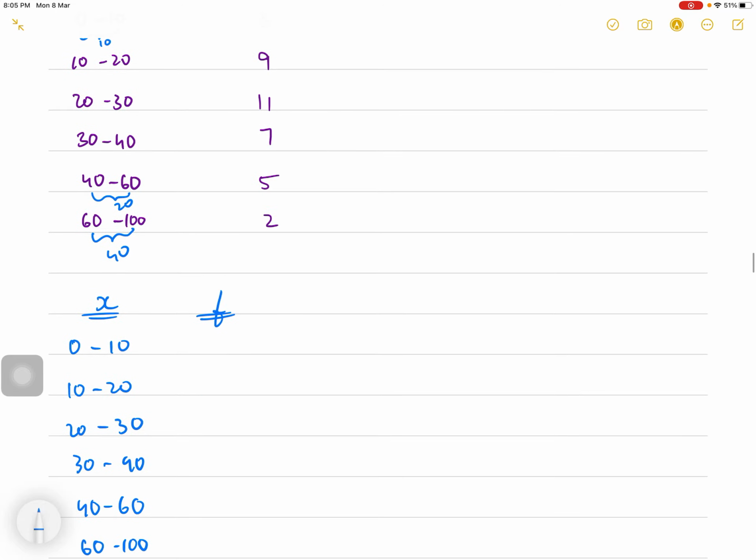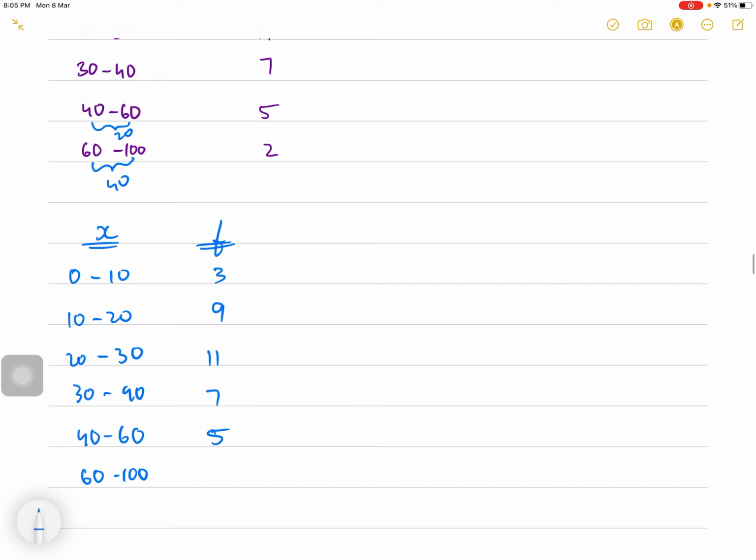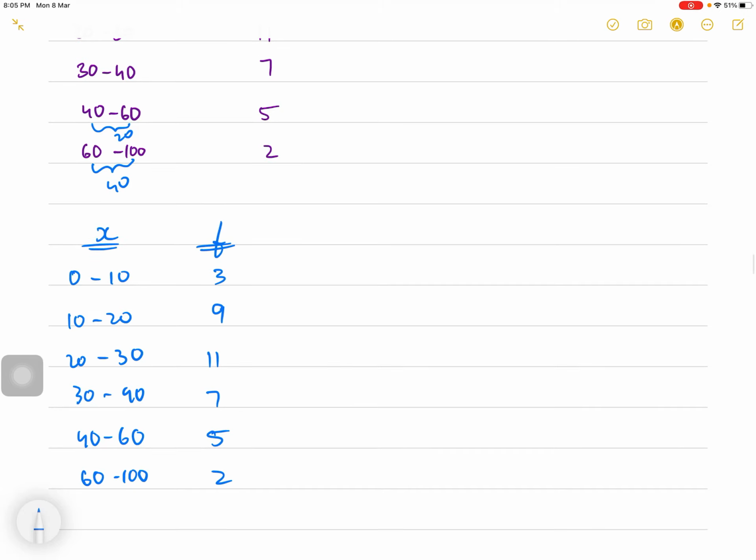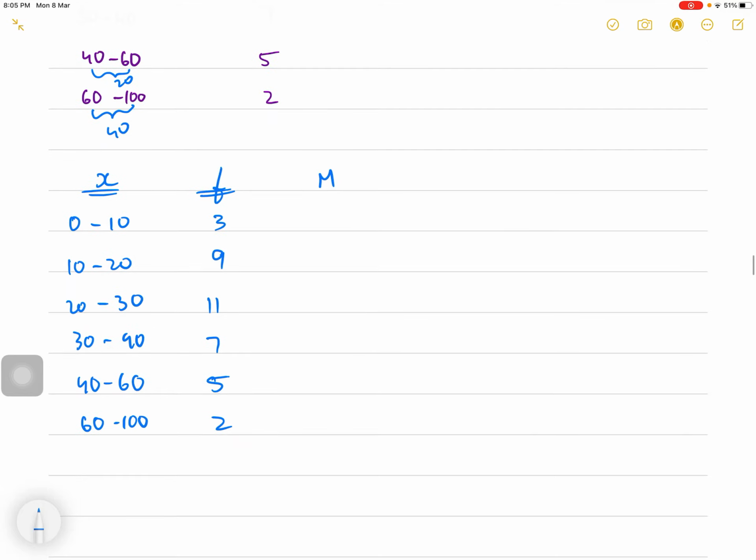Frequency is given as 3, 9, 11, 7, 5 and 2. My next column will be M, the midpoint.